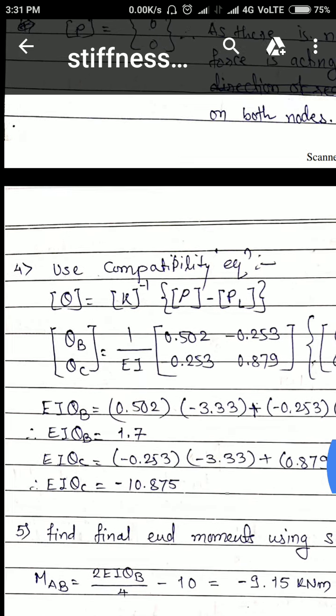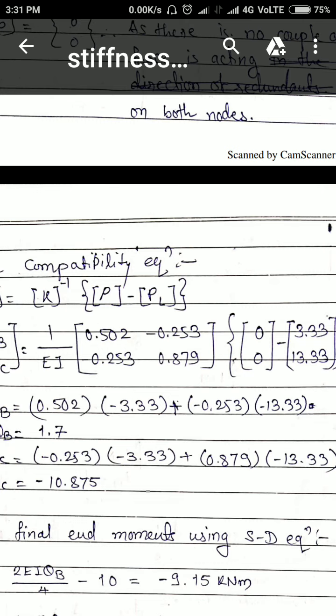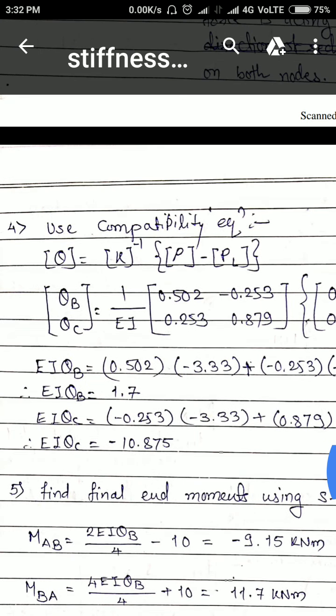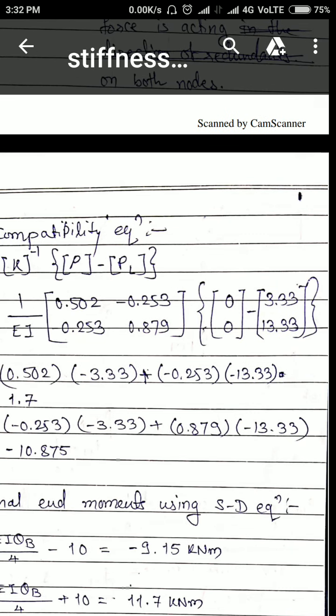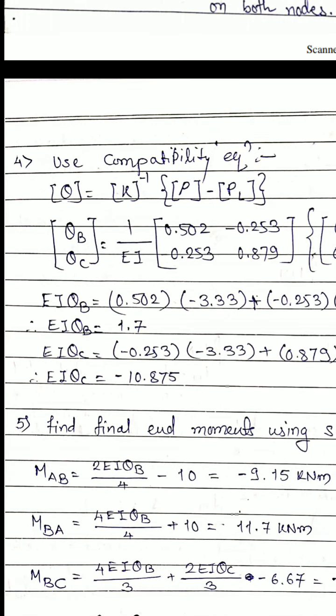So EI theta B is nothing but 0.502 into minus 3.33 plus minus 0.253 into minus 13.33. From this we will easily find EI theta B. It comes out to be 1.7, and if you calculate EI theta C as minus 0.253 into minus 3.33 plus 0.879 into minus 13.33, it becomes minus 10.875.